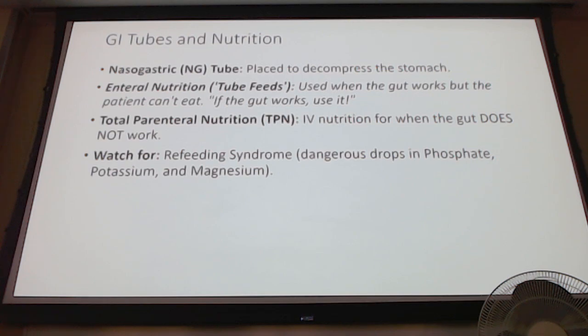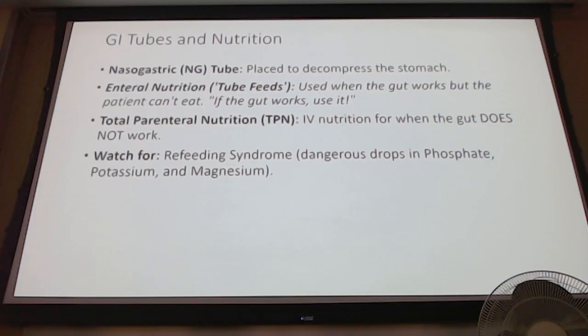Total parenteral nutrition, TPN. That is liquid fluid that we put through an IV or a central line. Normally when the gut does not work. Okay? Biggest thing when we start nutrition is refeeding syndrome. It'll not be the last time you see that. Okay? You have somebody who is severely malnourished, okay?